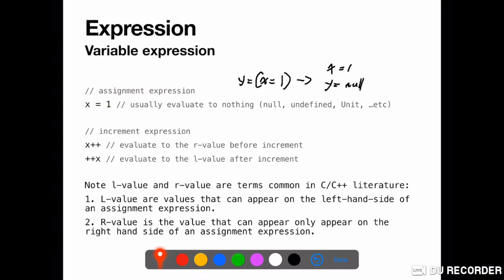And if something can only appear on the right-hand side, we call it an R value. So what does that mean? It means since ++x returns an L value, you can do something like this.